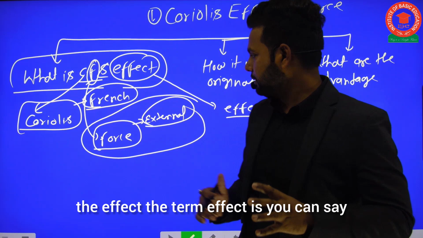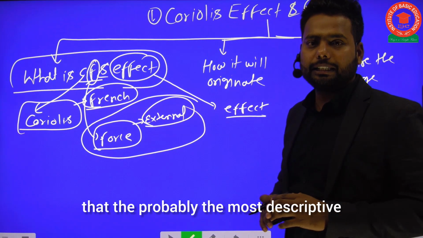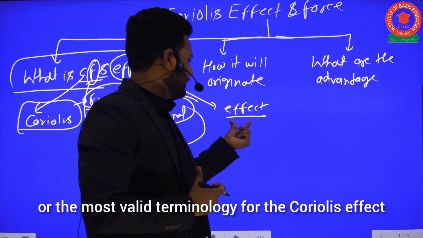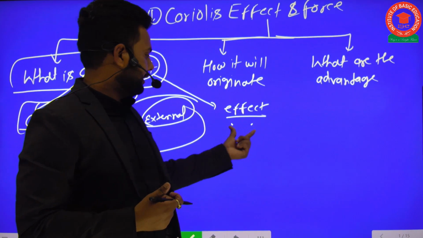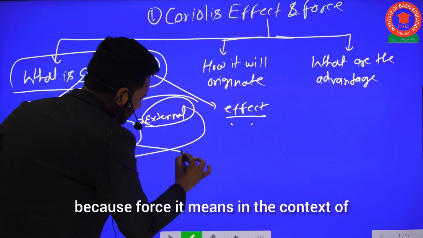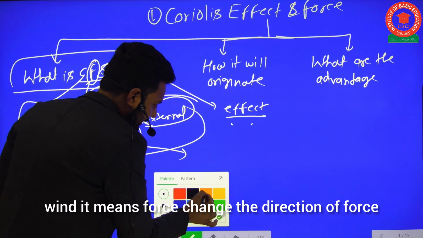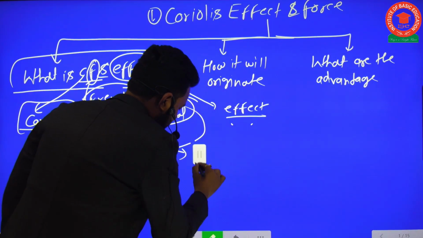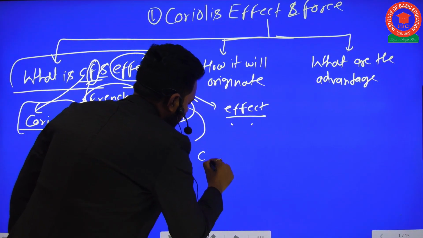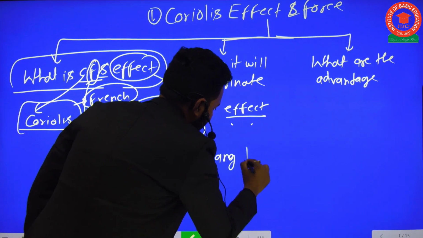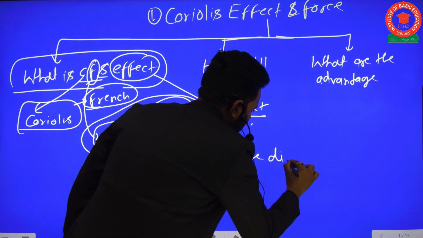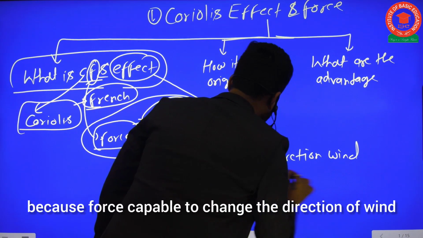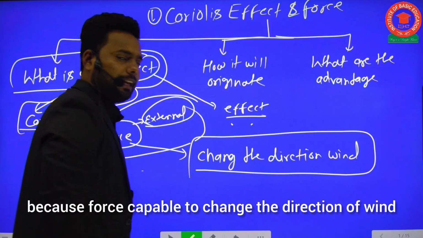The term effect is probably the most descriptive and most valid terminology for the Coriolis effect, because force, in the context of wind, means something that changes the direction of wind, because force is capable of changing the direction of wind.